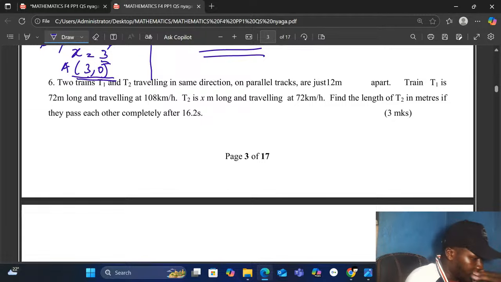T2 is x meters long and traveling at 72 kilometers per hour. Find the length of T2 in meters if they pass each other completely after 16.2 seconds.